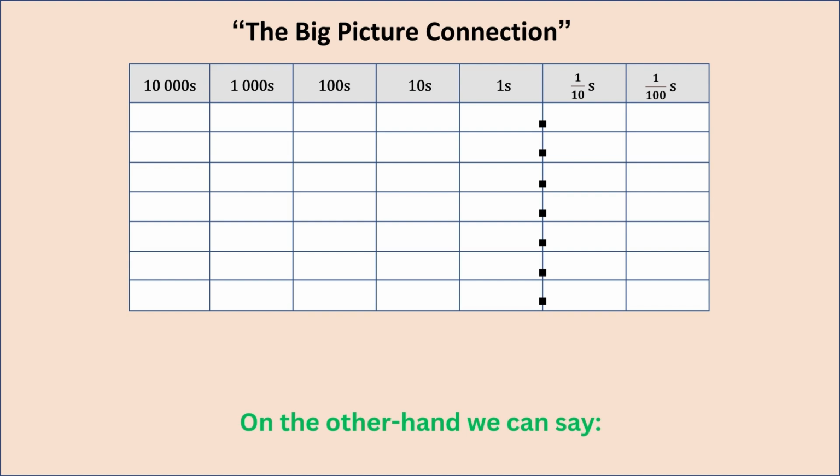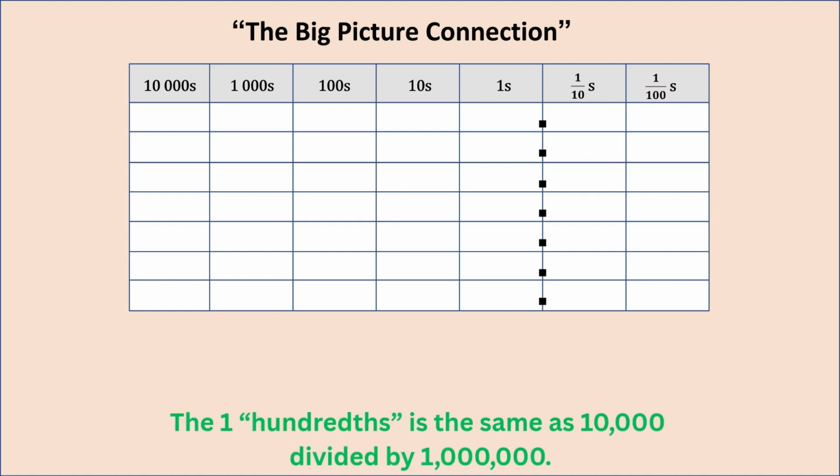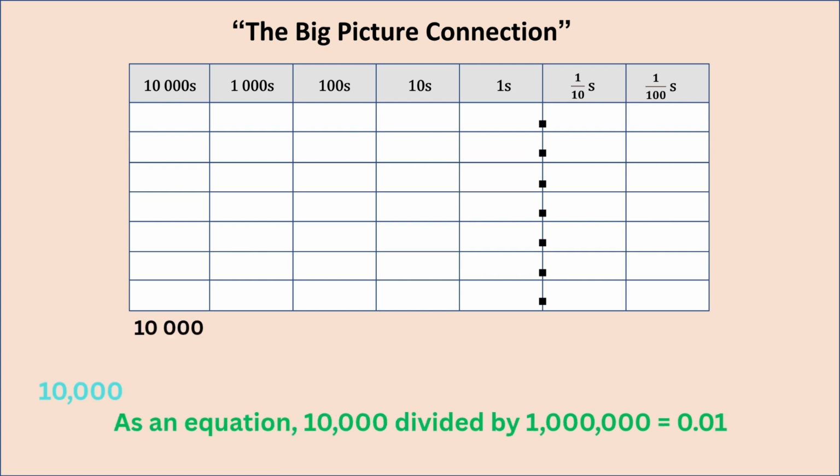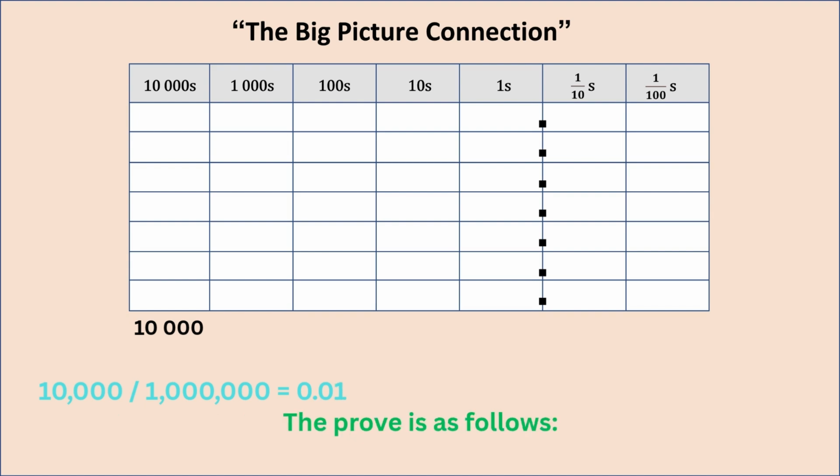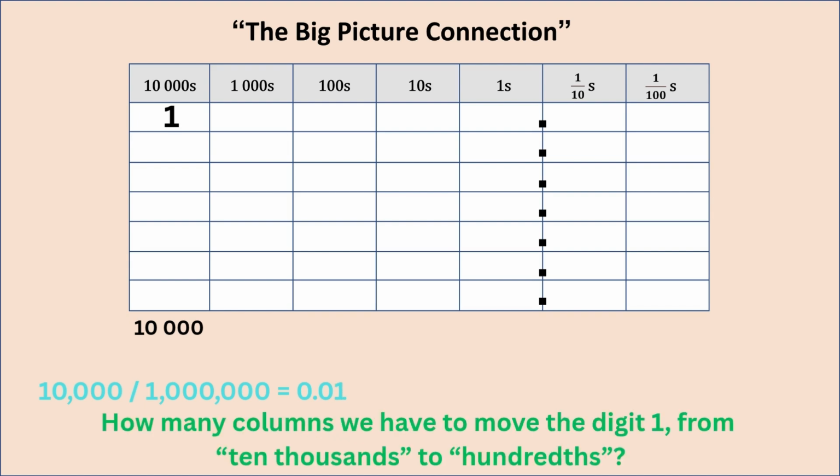On the other hand, we can say 1 hundredth is the same as 10,000 divided by 1,000,000. As an equation, 10,000 divided by 1,000,000 equals 0.01. The proof is as follows. How many columns do we have to move the digit 1 from 10,000s to hundredths?